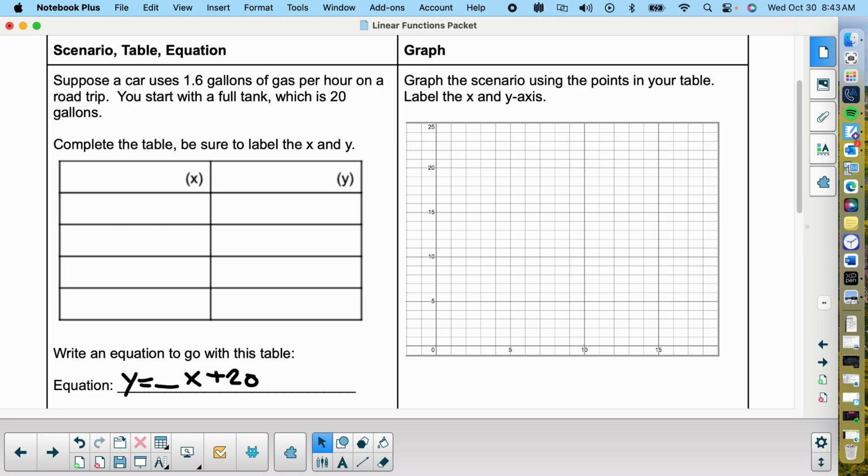It's okay. It's not like you guys use cars a lot right now, right? You will be. Does the amount of gas in your car go down as you drive, or does it go up? Down. So we're going to do a negative. So we're going to put negative 1.6 in that blank spot. Good.